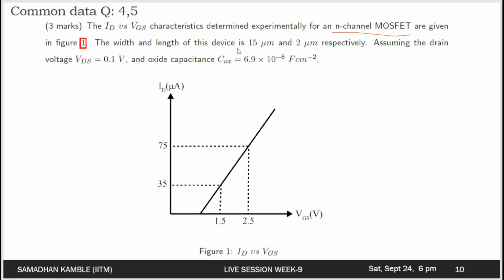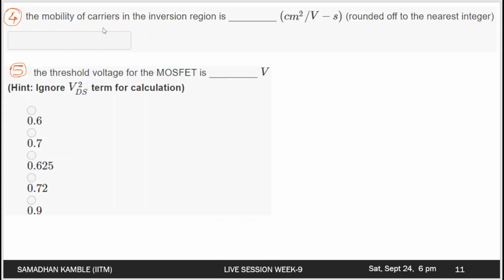The width and length of the MOSFET are 15 and 2 micrometers respectively, and we can assume the drain voltage to be 0.1 volt and the oxide capacitance as around 7 times 10 to the power minus 8 farad per centimeter squared. The fourth question based on this data is: the mobility of the carriers in the inversion region is. Similarly, the fifth question is: the threshold voltage for the MOSFET is.